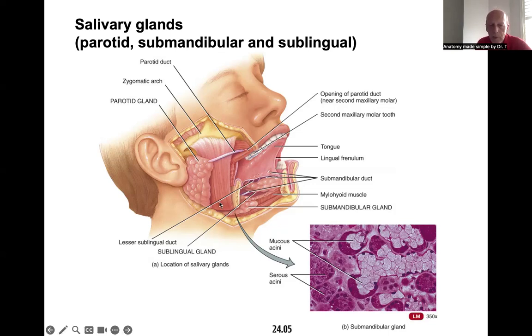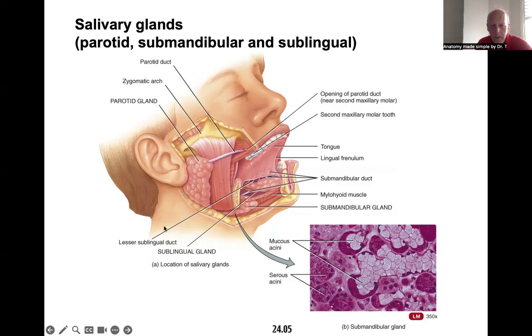The other two glands appear to be a little bit smaller, and we start with the submandibular gland. With the submandibular gland, we explore under the mandibular angle, and just under the mandible we would feel, in the upper lateral aspect of the neck, an egg-shaped structure, and that is the submandibular gland, hence the name, under the mandible.